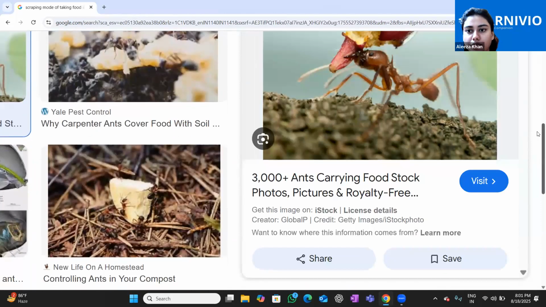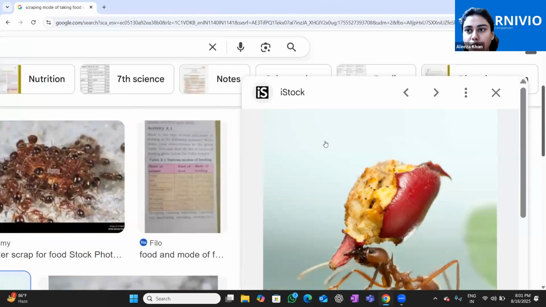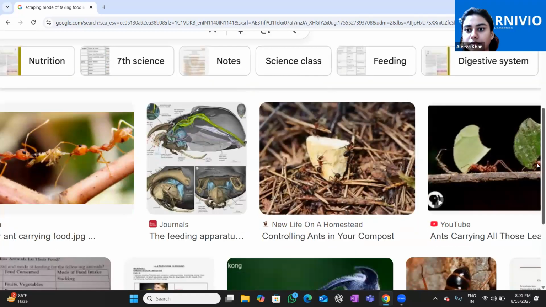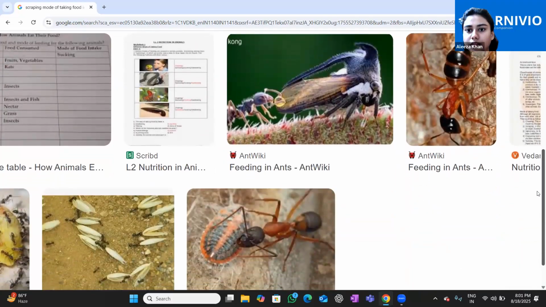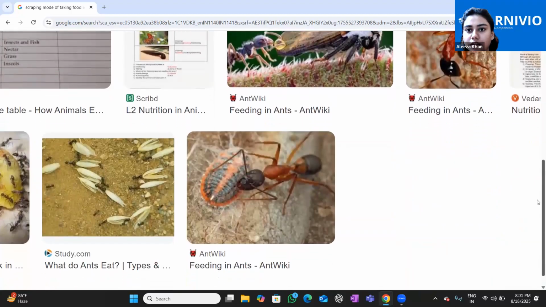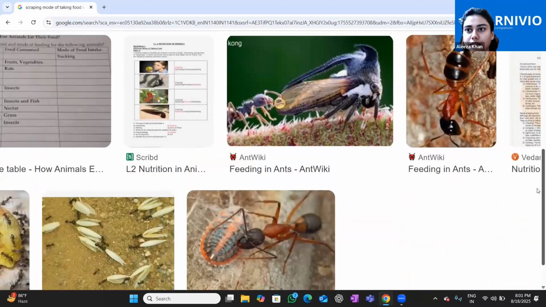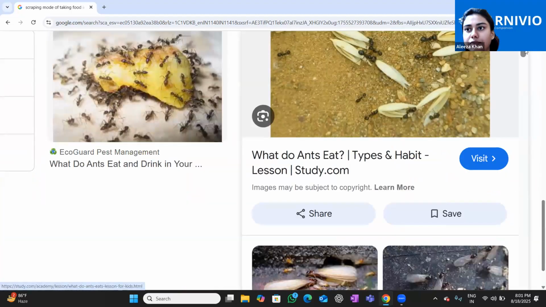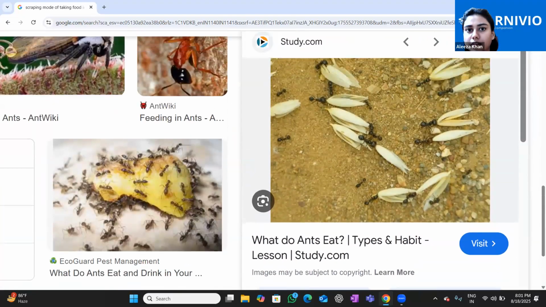One more I want to show you. If you can see this, here also they are taking the food with them. Yes or no? Small.